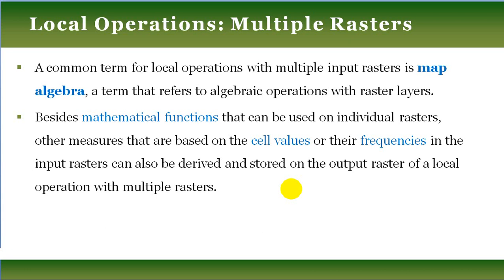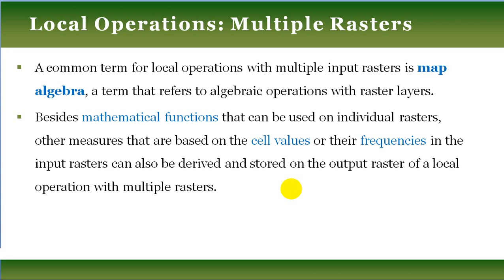For that reason local operation with multiple rasters is also referred to as compositing, because here multiple rasters are combined. So this is also sometimes called compositing or raster overlaying or raster superimposing.